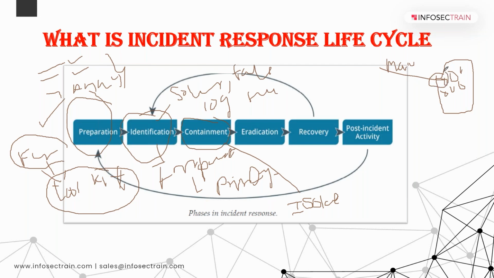First, we will isolate this machine from the network. That is containment. If anything is infected in a particular system, the very first thing we do is containment: isolate that machine from the network.